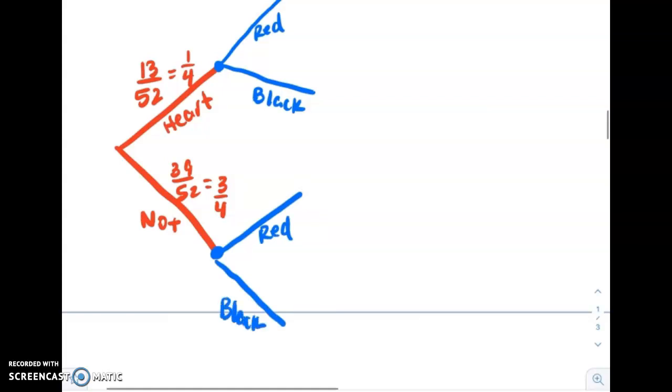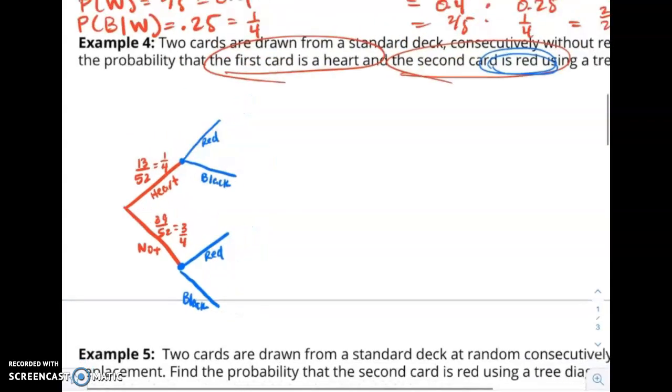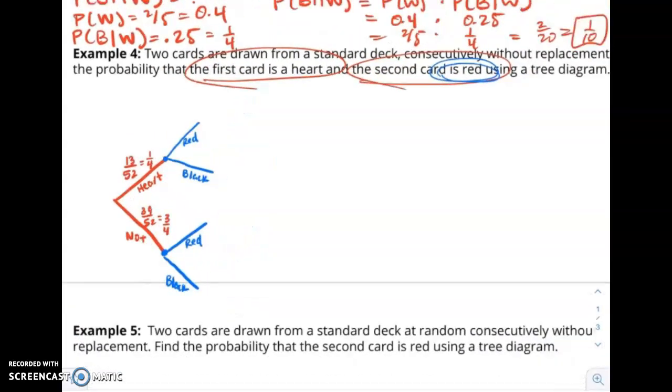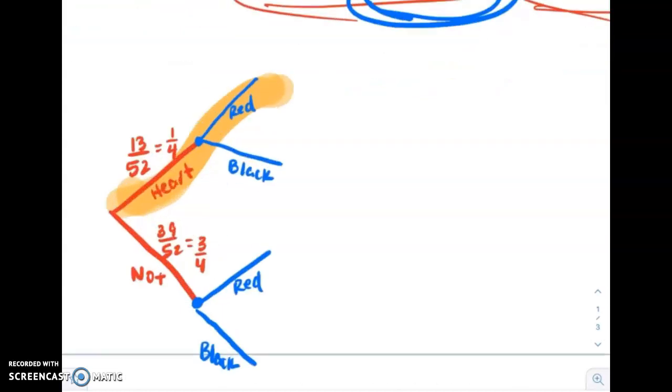So I would fill out the whole tree, but they want the probability that it is a heart and it is red. So that means I'm going to be following that branch where it's heart and a red. So I don't really care about the bottom branches. I'm just going to focus up here.